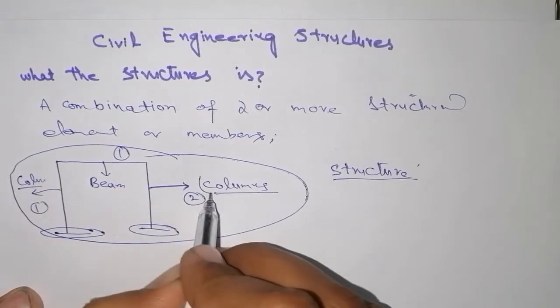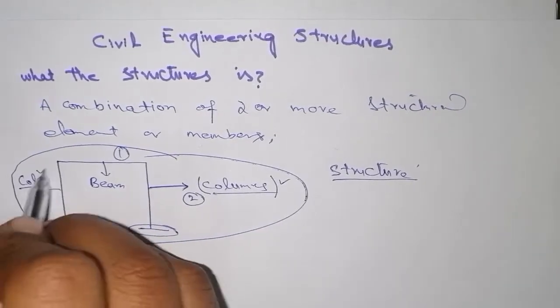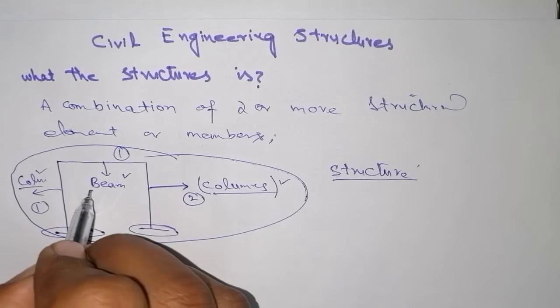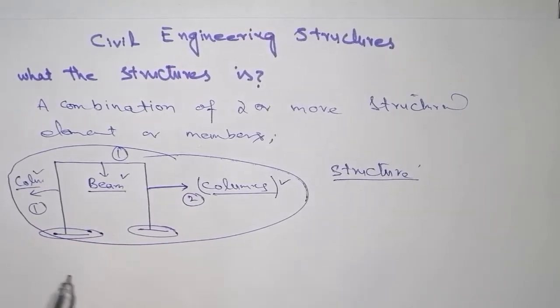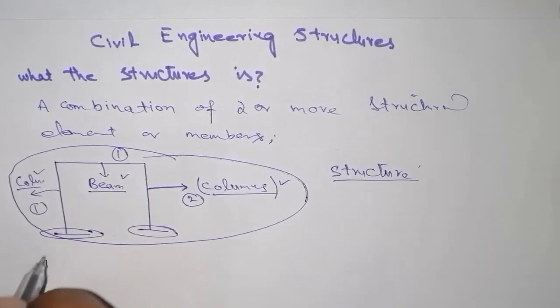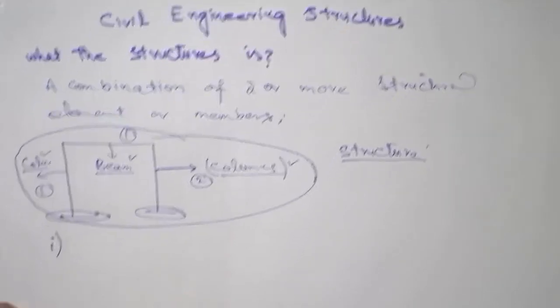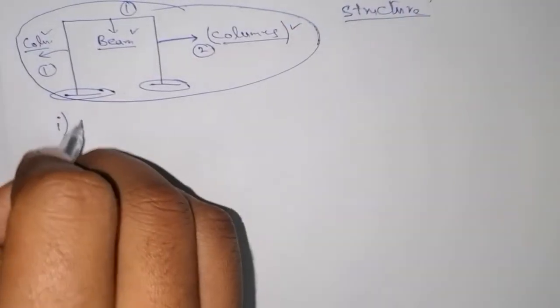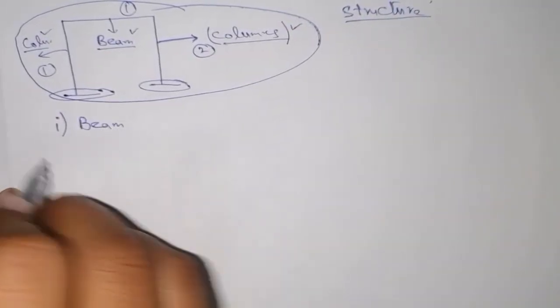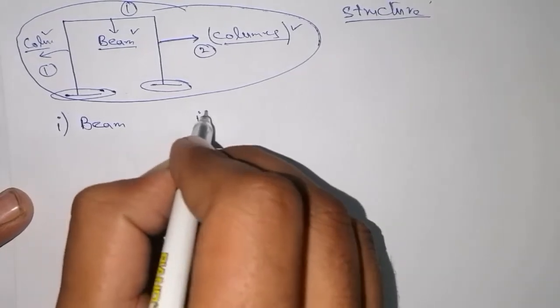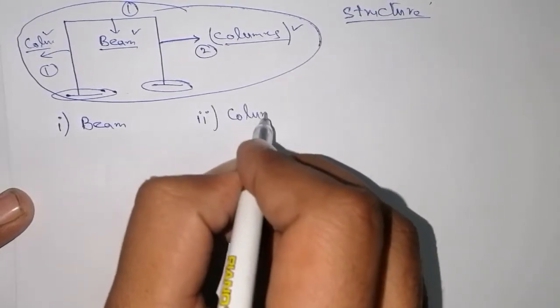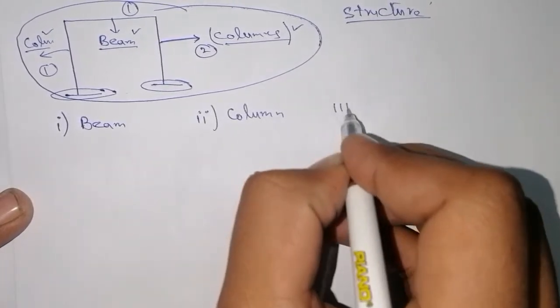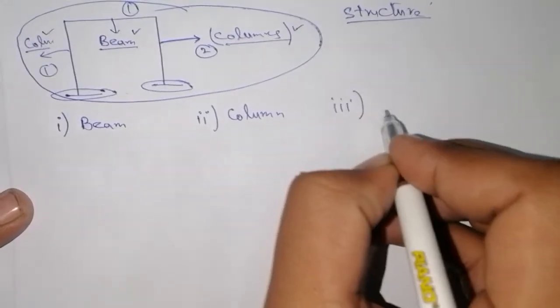As these are columns and these are beams, there are other members present which form a structure. First of all, we have a structural member, that is the beam. Second member we have column. Third member we have slabs.